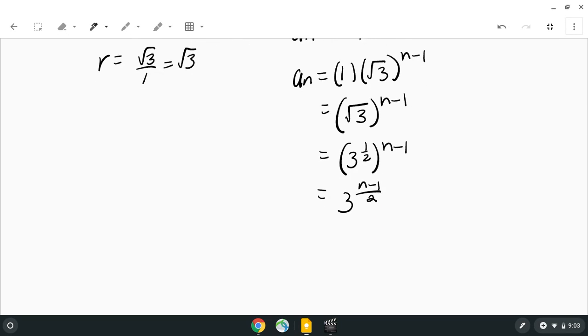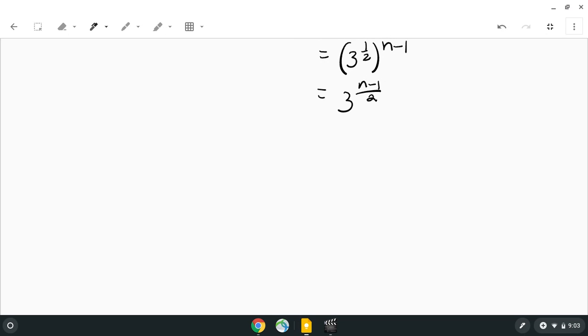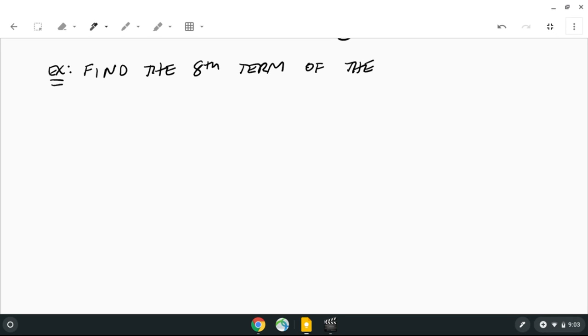Let's take a look at another example. Let's find the 8th term of the geometric sequence 5, 15, 45.